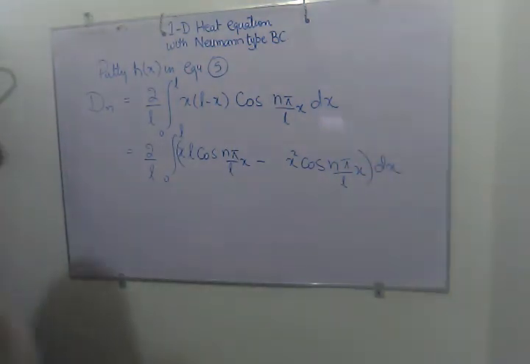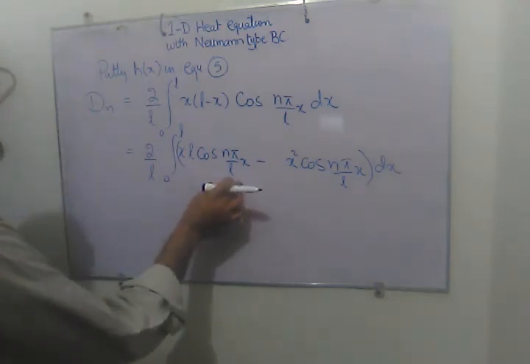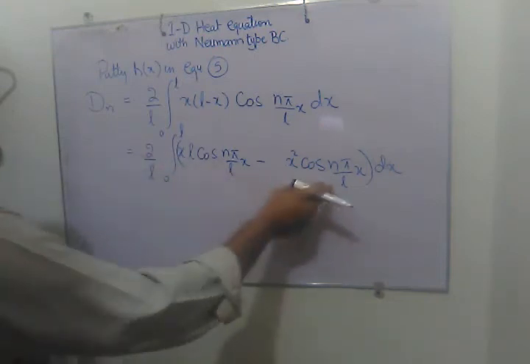So we have two integrals to solve. One is x cos n pi upon L x, because L will be constant and will be taken outside of the integral, and here we have x square cos n pi upon L x.